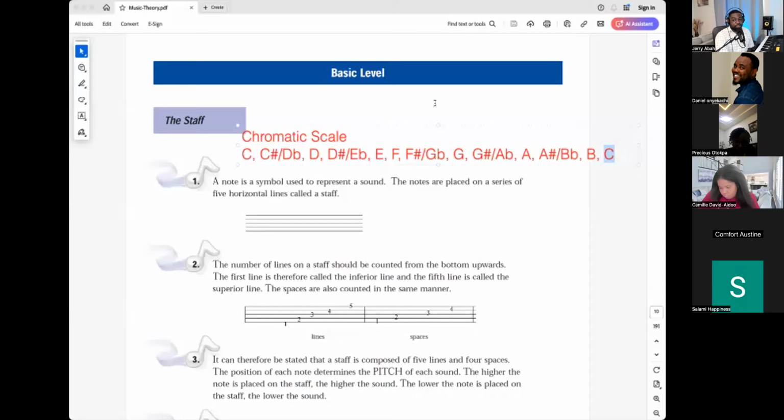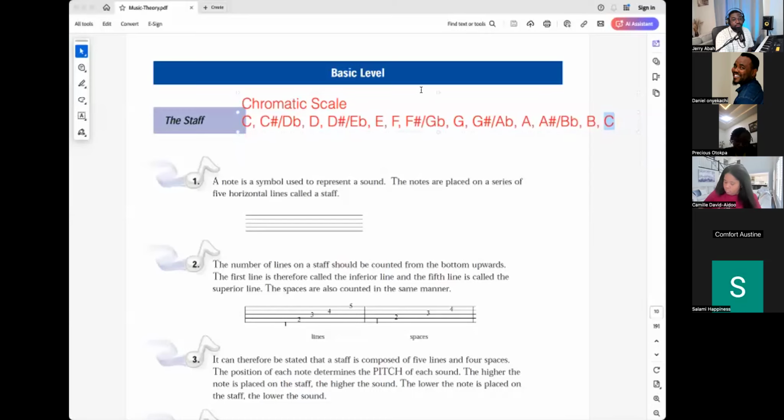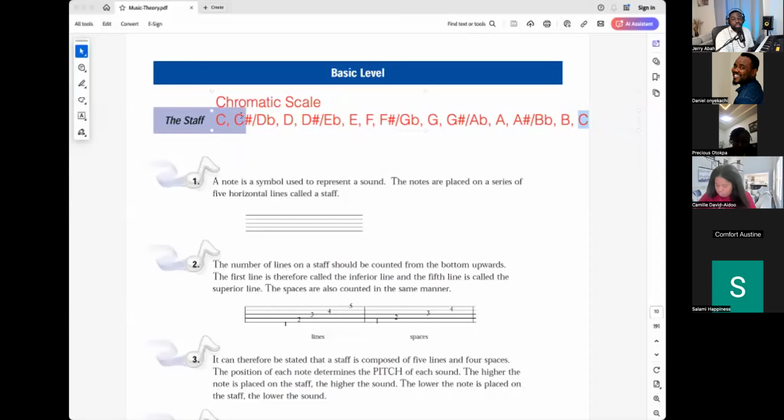So this C being repeated here makes it an octave away from this C. Now, when you're considering the chromatic scale, this is what you have. Now, in music, we have different kinds of scales, all right? But each of these scales can also be represented on the staff. The most common or popular scale that we have in music is the major scale.